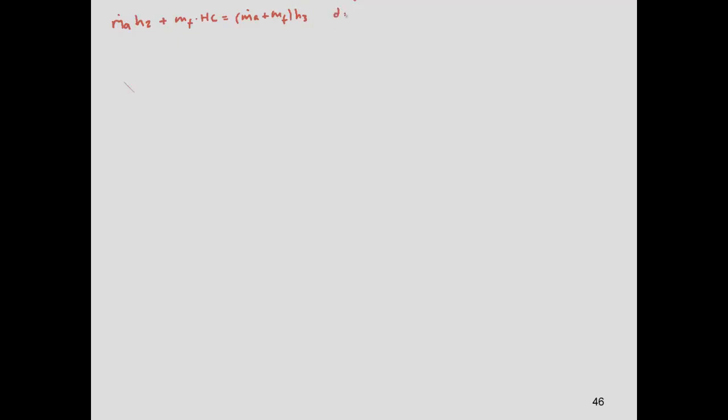Now, dividing everything by the mass of air, we'll have H2 plus mass of fuel divided by mass of air times Hc equals 1 plus mass of fuel over mass of air times H3. Now the air-fuel ratio is defined as the mass of air divided by the mass of fuel.